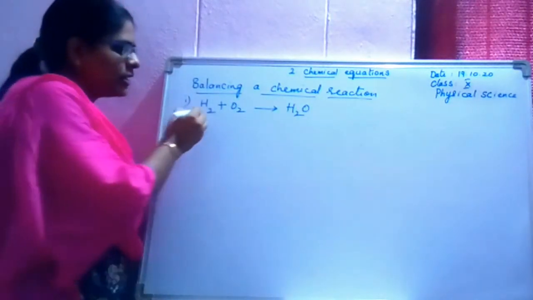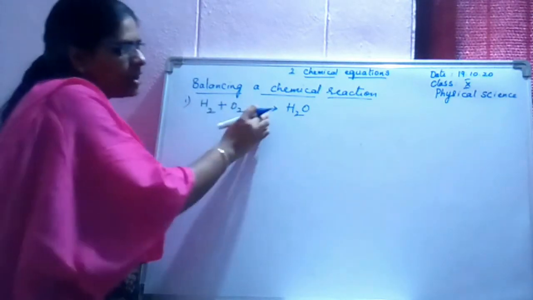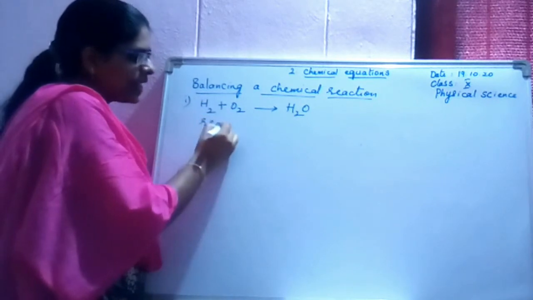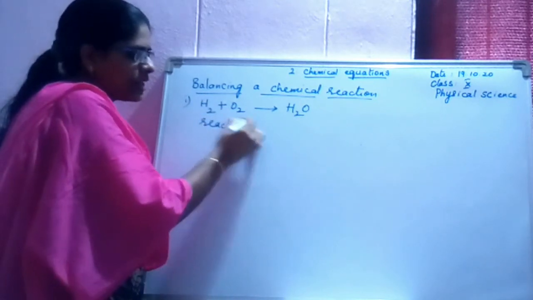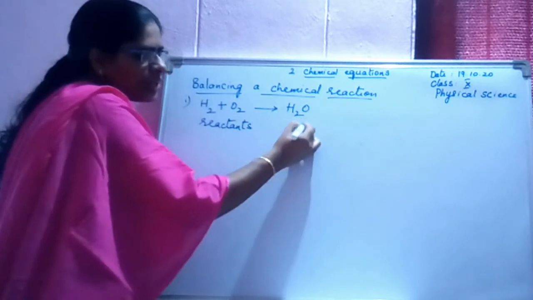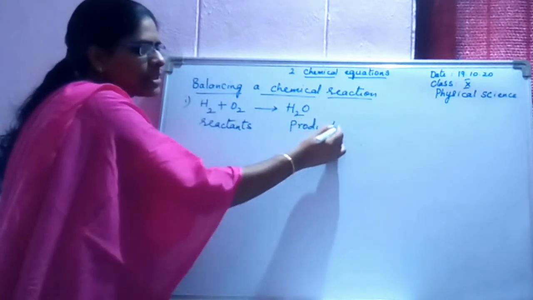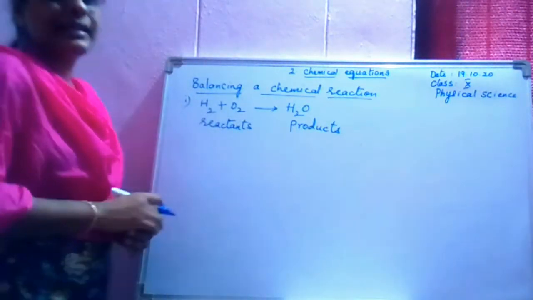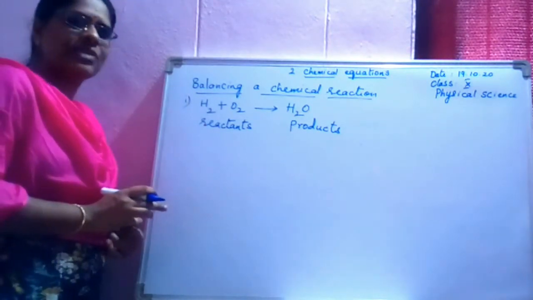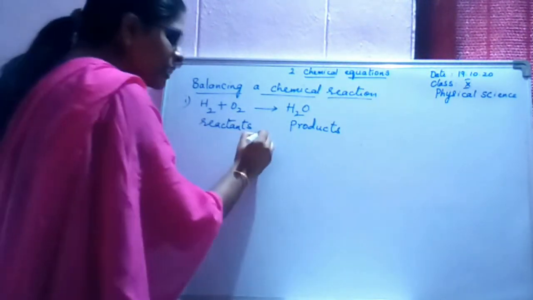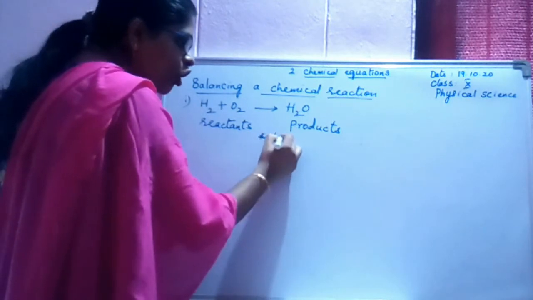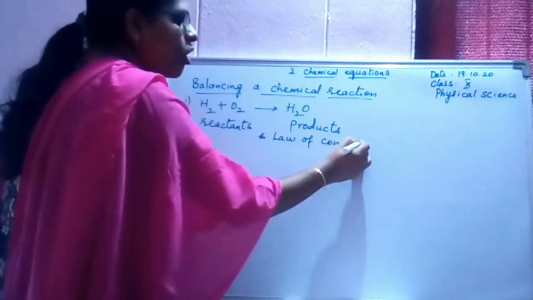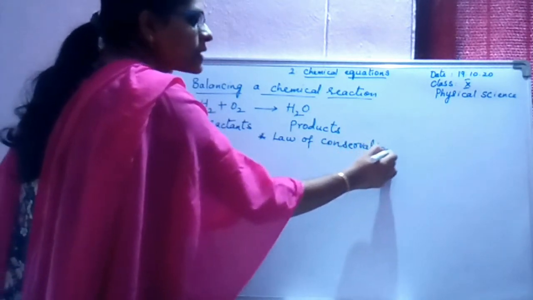Now, here, always remember, the left side of the arrow, we call reactants. The right side, we call products. Okay? Now, we need to balance this chemical reaction in order to conserve the law of conservation of mass.